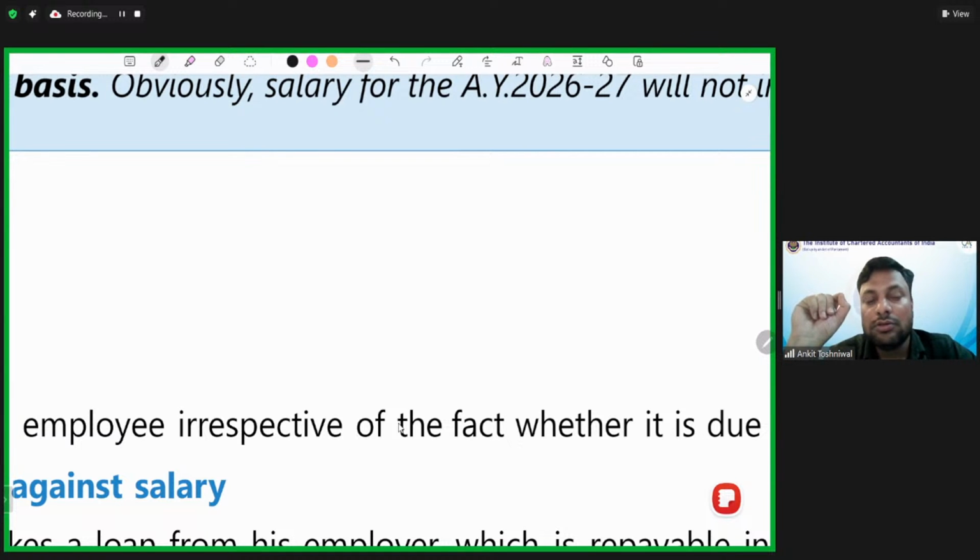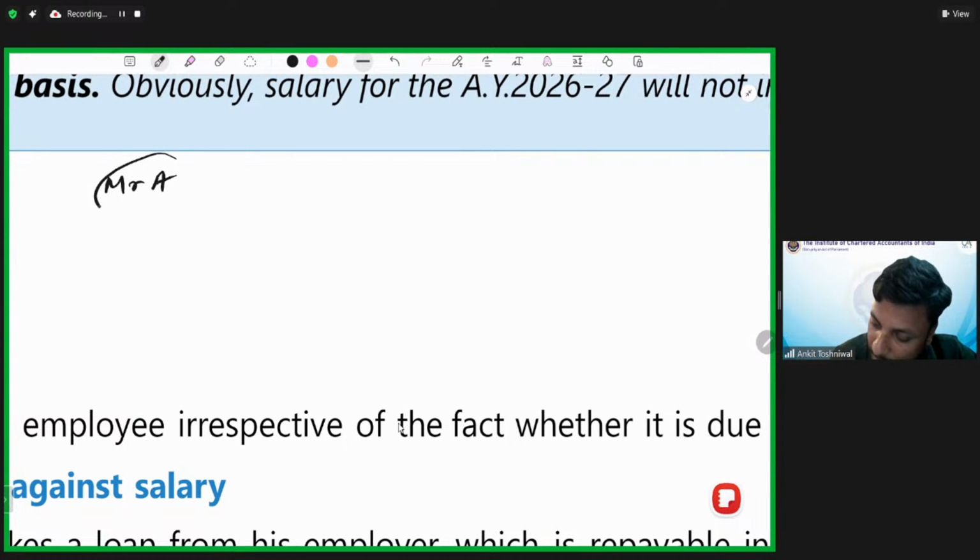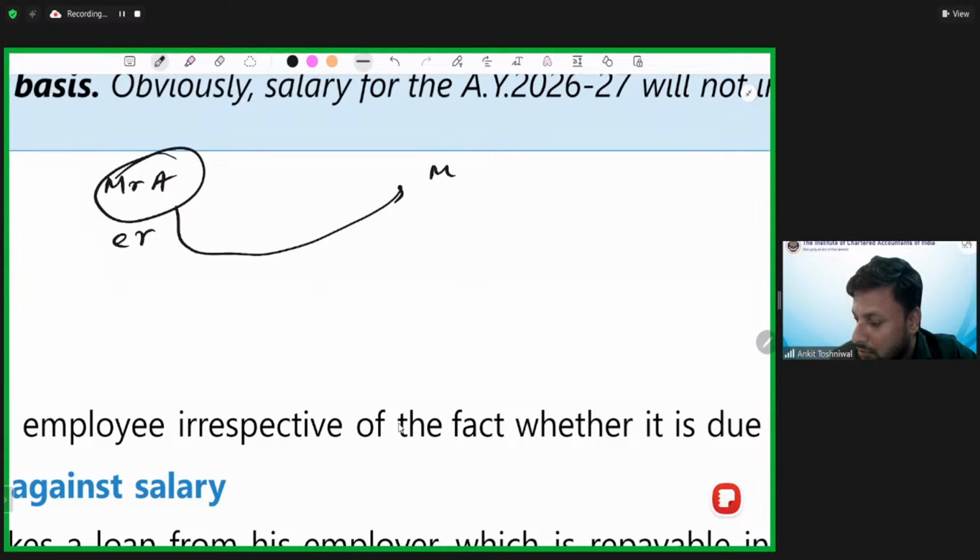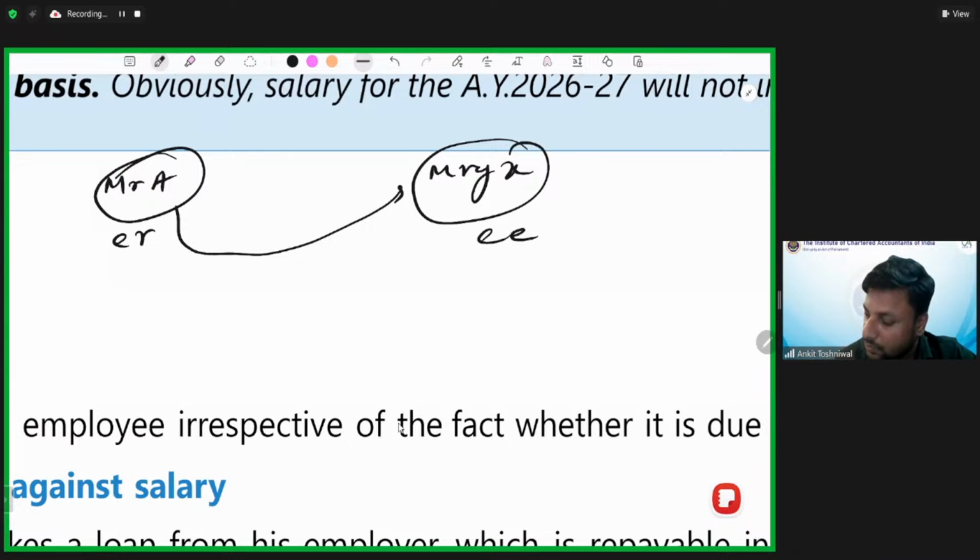Correct. There are some cases. For example, Mr. A is an employer and Mr. X is an employee. X's current salary is 10,000 per month. Getting my point?